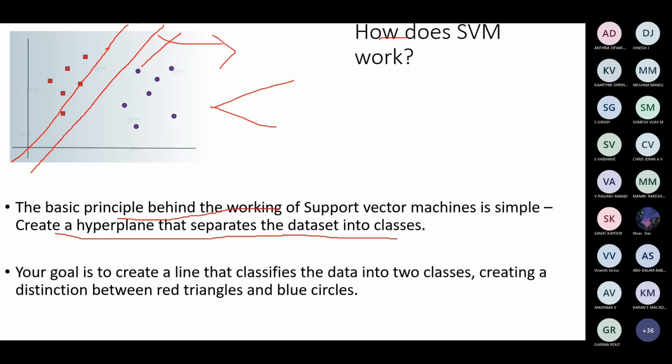This is the speciality of the SVM. It does not only create a hyperplane which segregates two classes, but it also creates a hyperplane on either side of the two classes.